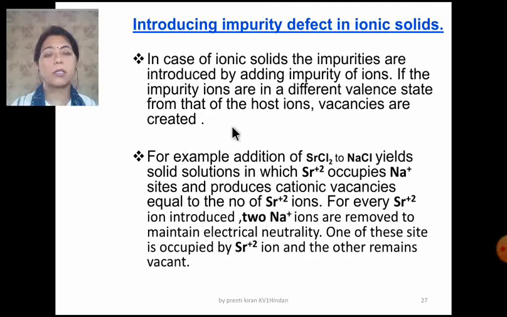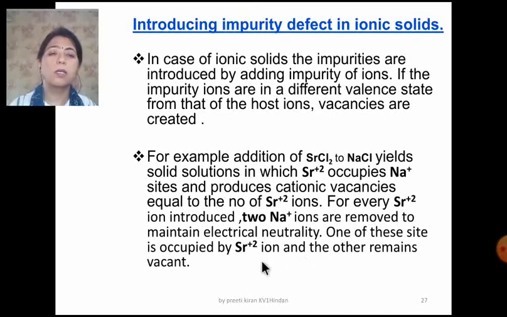Now you know that sodium has +1 charge, but the strontium has the +2 charge. So strontium has occupied the sodium ion site, but it has also produced a cation vacancy. It is just because it has the 2+ charge. So 2 Na+ ions will have to be removed.